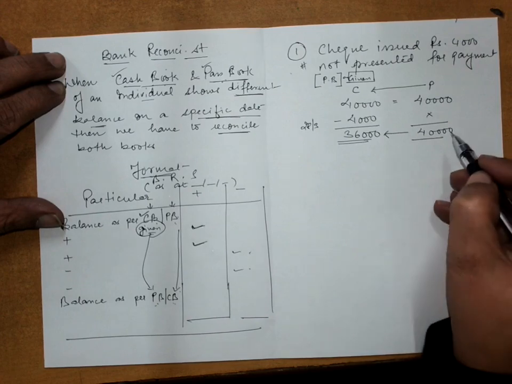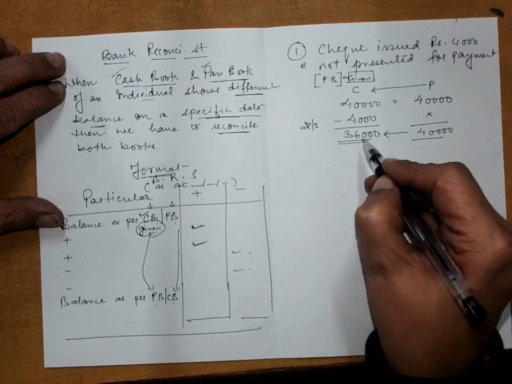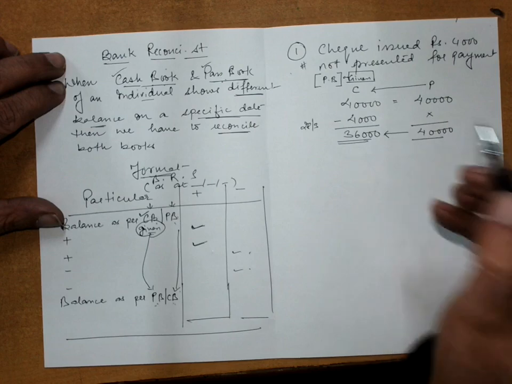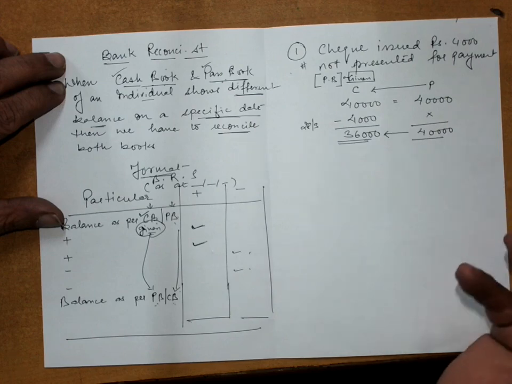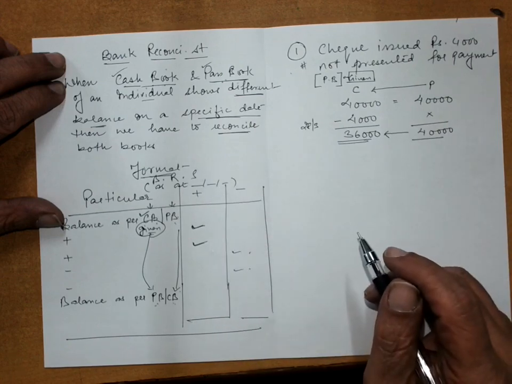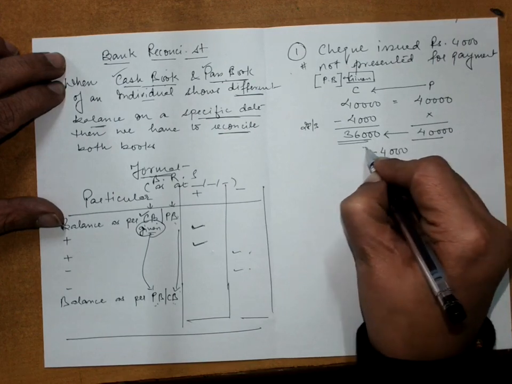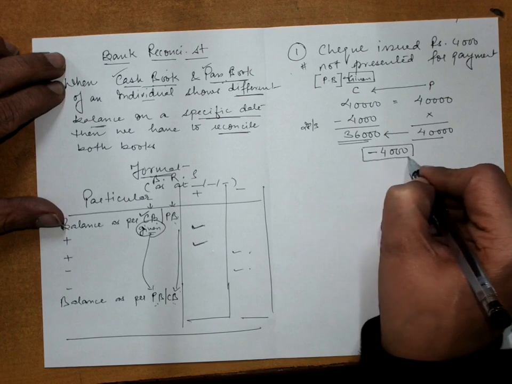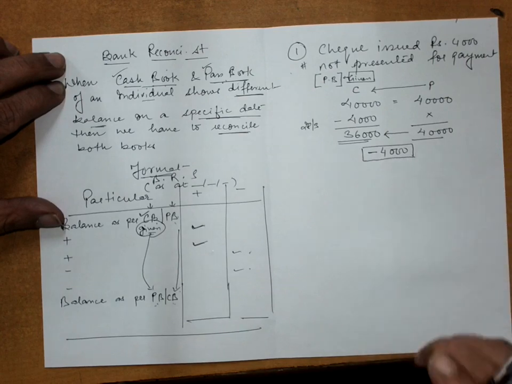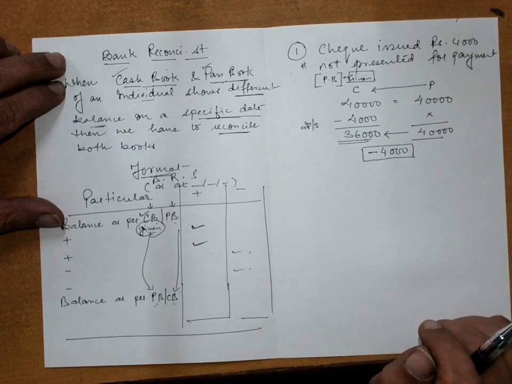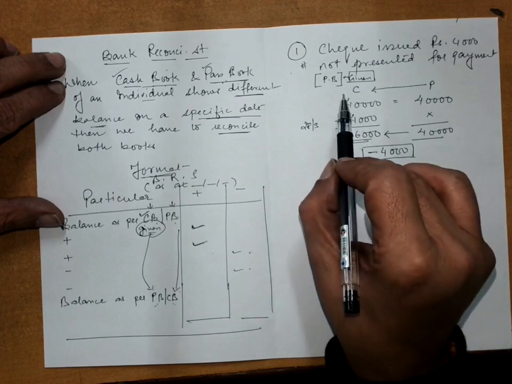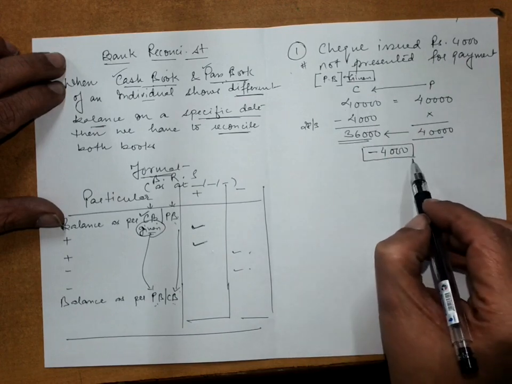Means we have to make 40,000 equal to 36,000. If I have to make 40,000 equal to 36,000, what I have to do? I have to subtract 4,000. So I got the answer that if this transaction is to be processed in accounting terms, if we are starting from passbook, we have to subtract this.